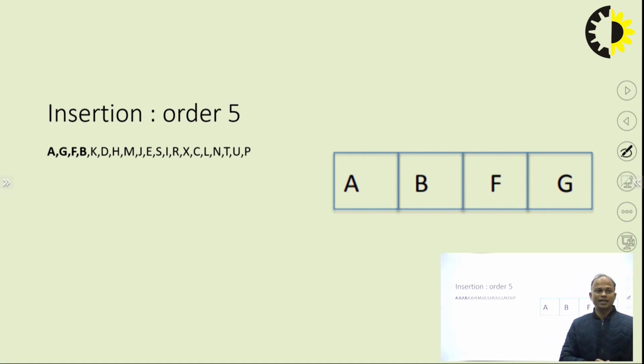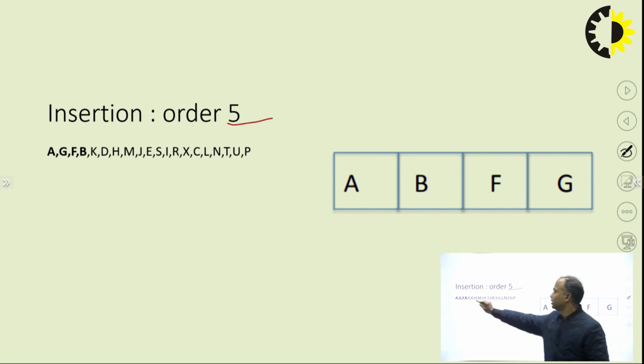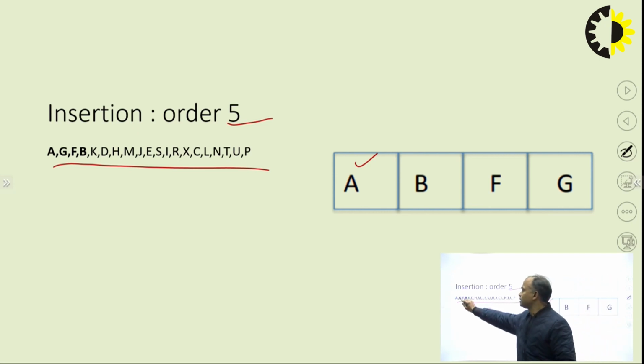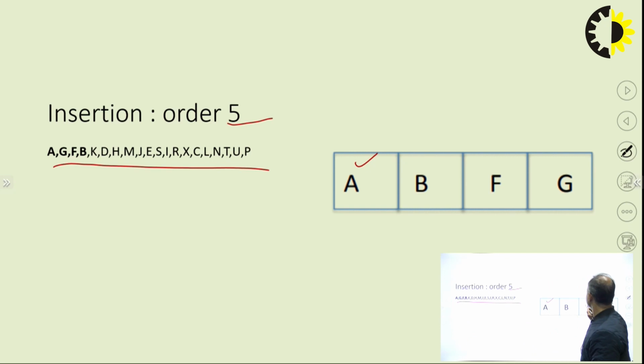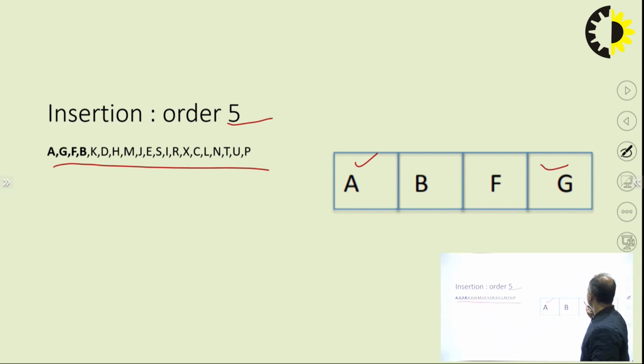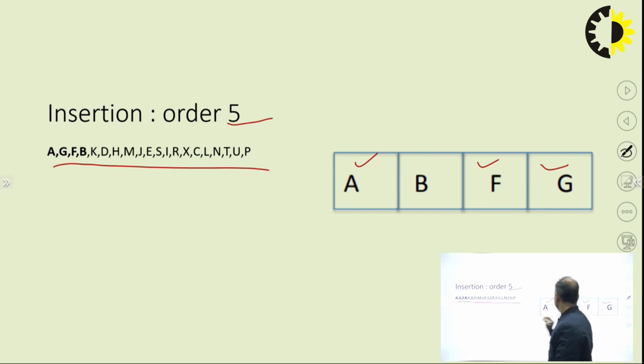Further, we are taking the order of the tree as 5, and we want to insert these keys, and we are assuming that A is the smallest and Z is the largest. So initially we insert A. Now we insert G. G is inserted here. F should be here and B should be here.